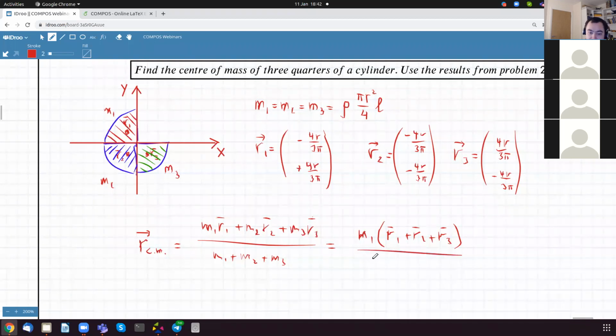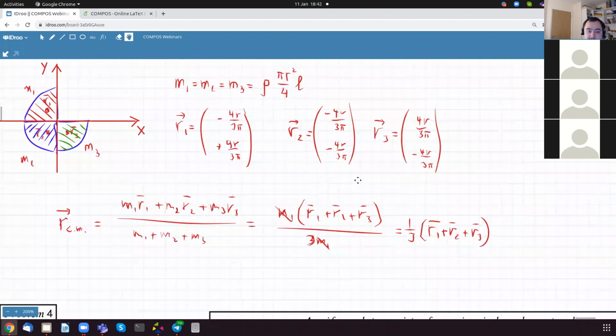And the bottom part is 3M1 because they are the same. So M1 cancels, and we get 1/3 of R1 plus R2 plus R3. Already made my life easier, not having to substitute M.